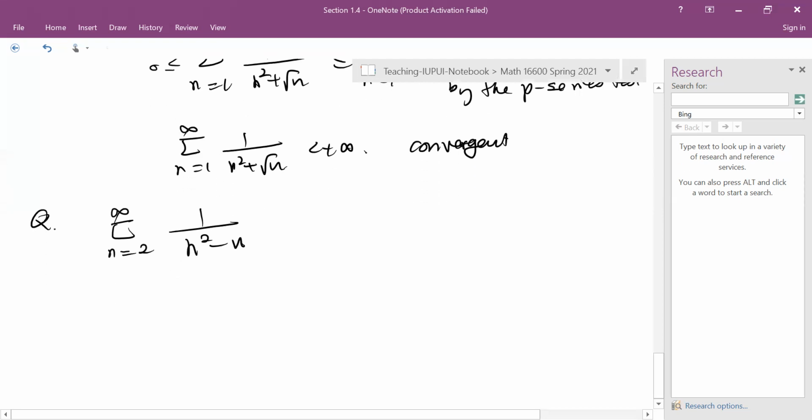Okay. So this is a_n. Right, this is a_n. And clearly a_n is greater than 0, right? So are we able to compare with some b_n?